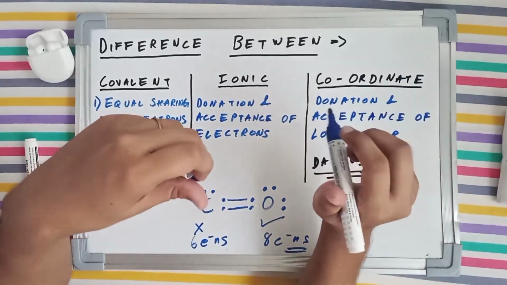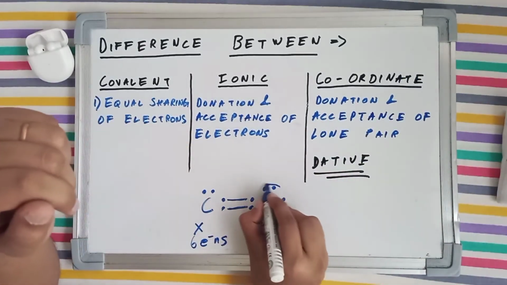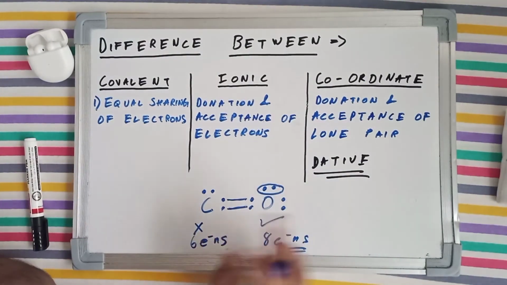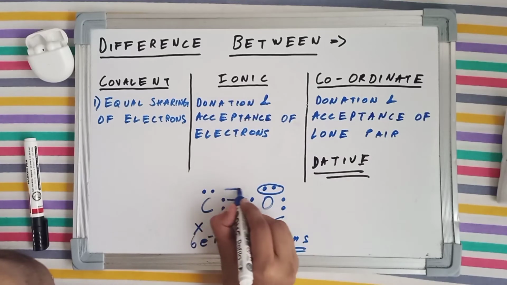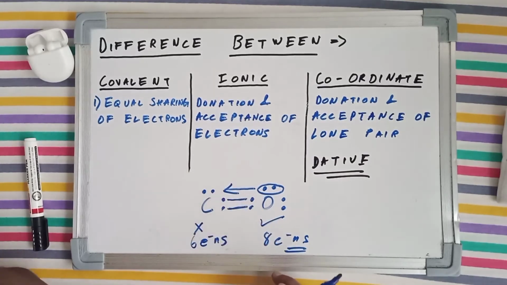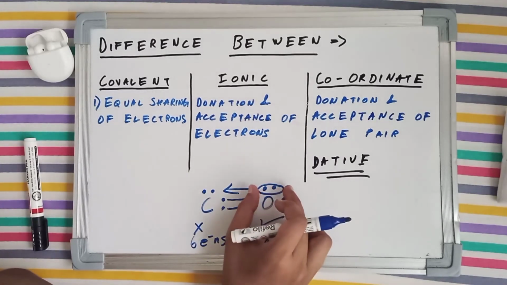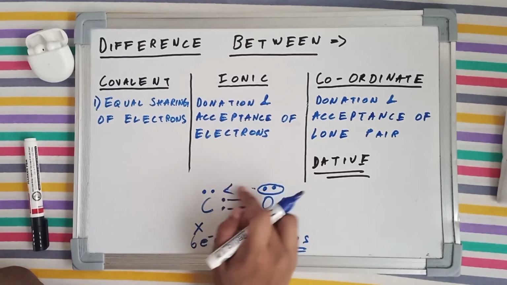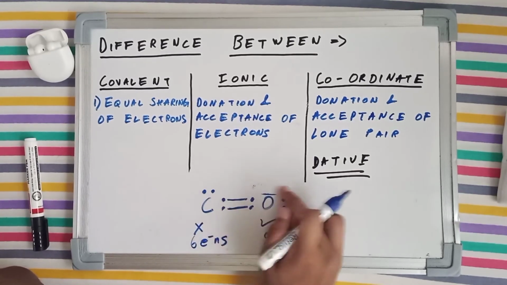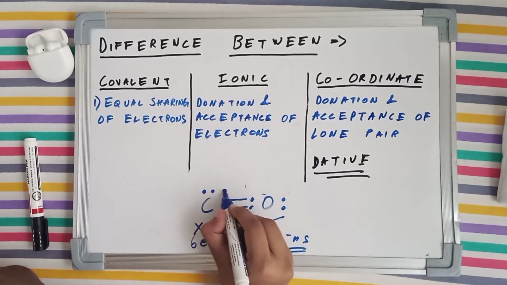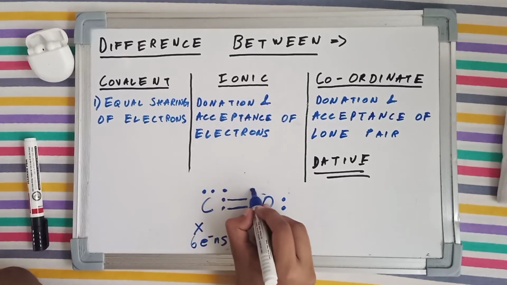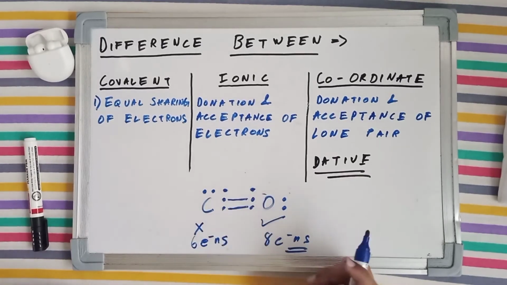So what will happen is that oxygen will donate one of its extra lone pairs to carbon, simply donate it. Suppose I pick this electron from oxygen's stash and place it here. We know that both electrons are shared by oxygen, but let's suppose I keep it here.